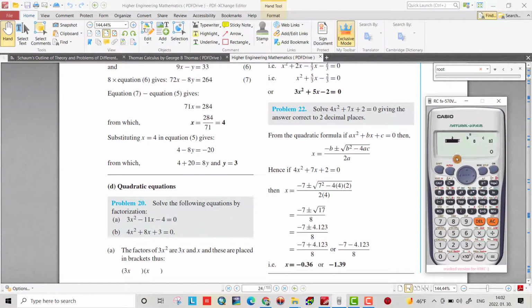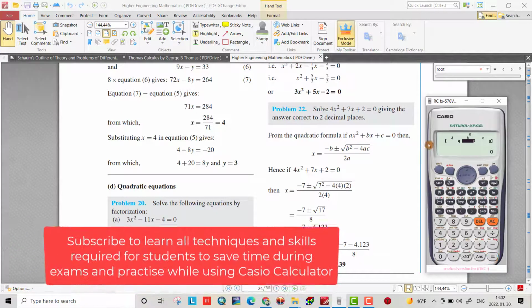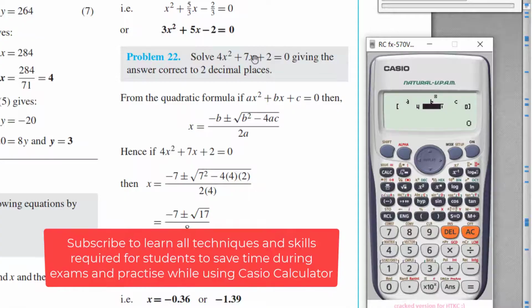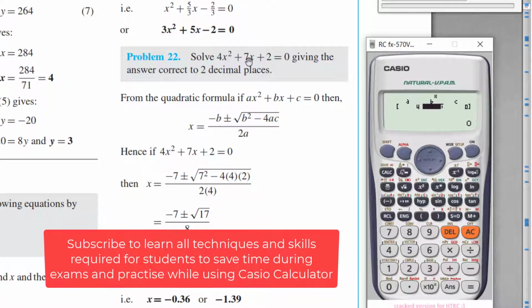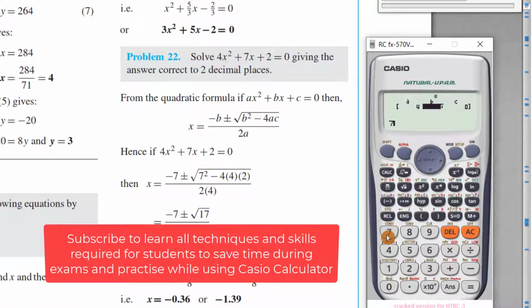A represents the coefficient of x squared, so a equals 4. Press equals, then b. The coefficient of x, which is b, is 7, so 7 equals.